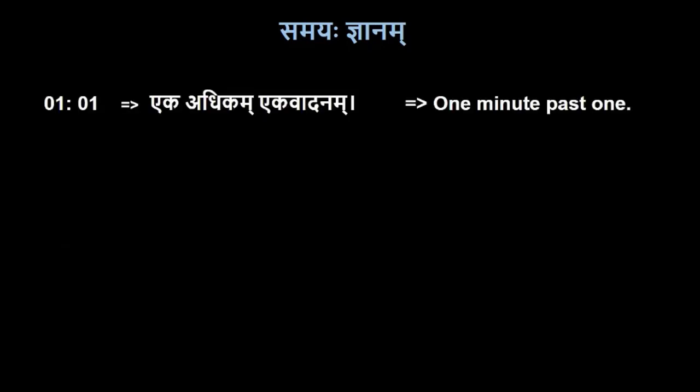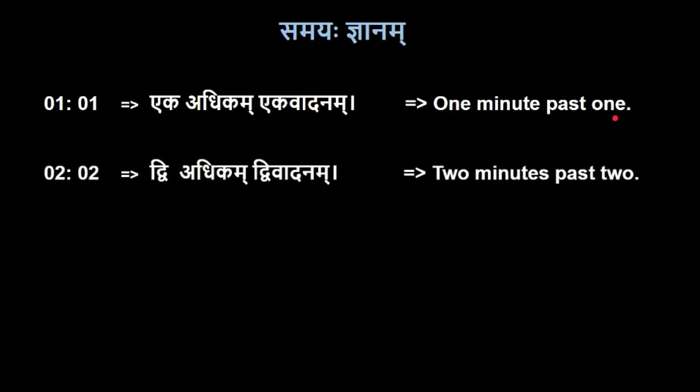This is like 1 o'clock and 1 minute. So, Ek adhikam ek vadanam. That is 1 minute past 1. If it is 2 minutes past 2, then we can say Dvi adhikam Dvi vadanam. Dvi is 2. Adhikam is more, something past, right?